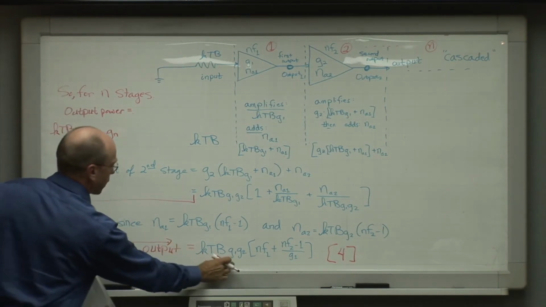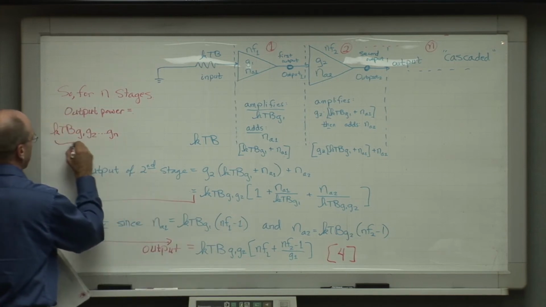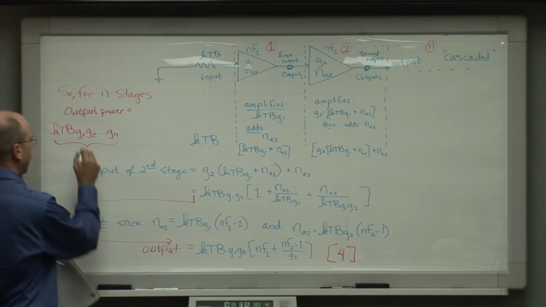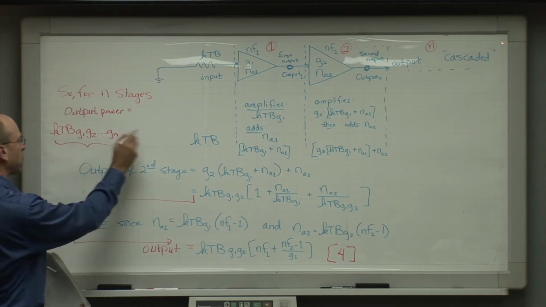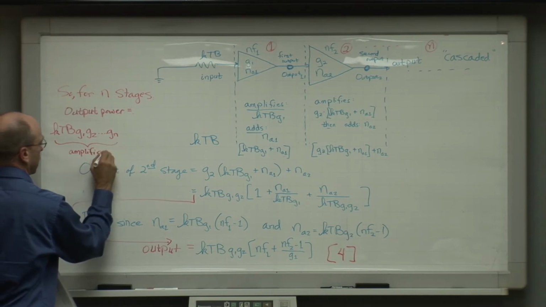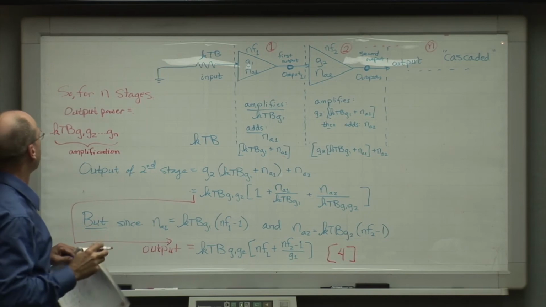This is the part that comes out in front. This is the amplification part of the equation. This, in a certain sense, is the good part. That's the part we were looking for. We want to amplify signals. These are linear quantities, so we're just multiplying all these gains. Just keep multiplying the gains on out forever.